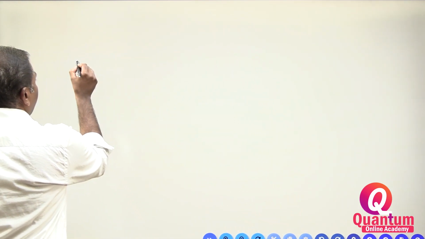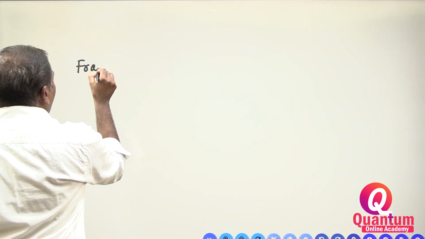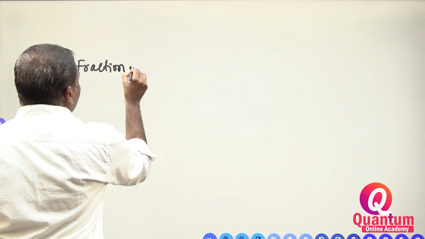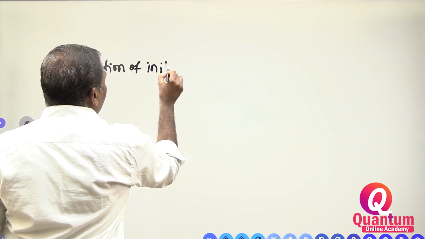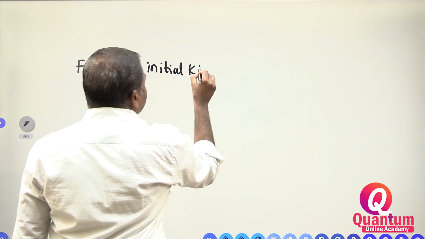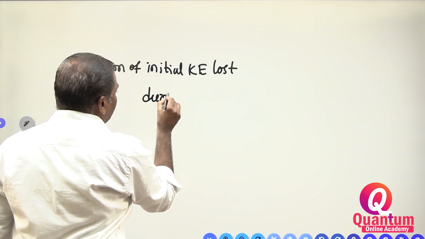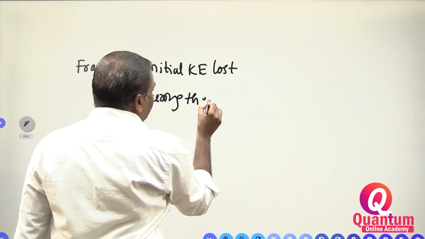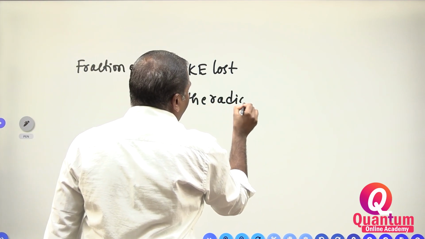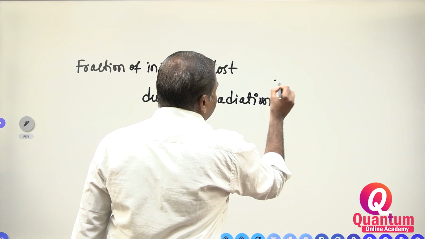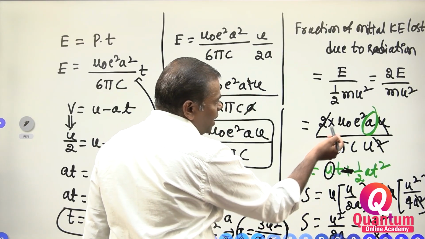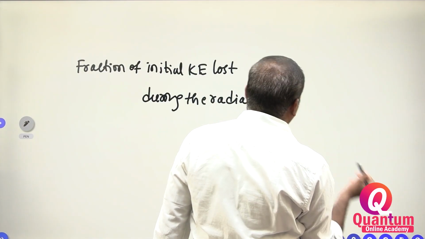The fraction of initial kinetic energy lost during the radiation is equal to, now you have to see, mu naught e square u.